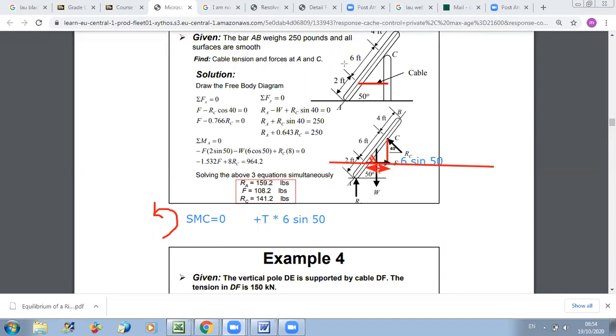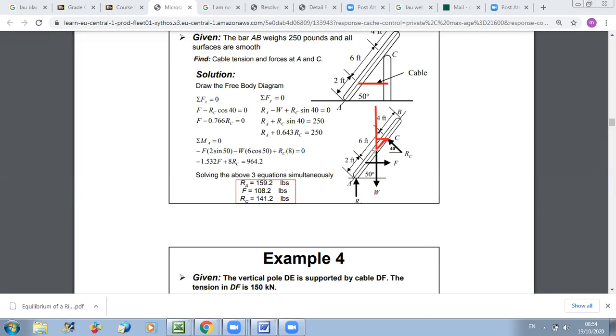Now, for the weight, to find the weight moment, okay? If I do the figure here, this is the line of action of the weight, it's the vertical. So if I do the perpendicular from C to the weight, this will be my distance here, okay? To know what is this distance, the weight is passing by the centroid, center of gravity of the bar, okay? So this distance here is equal to what?